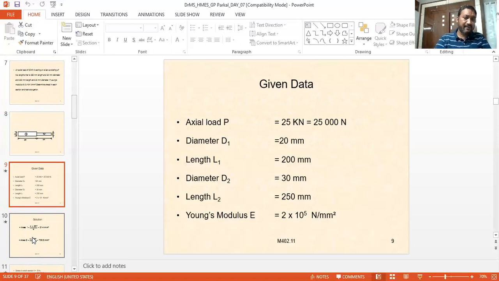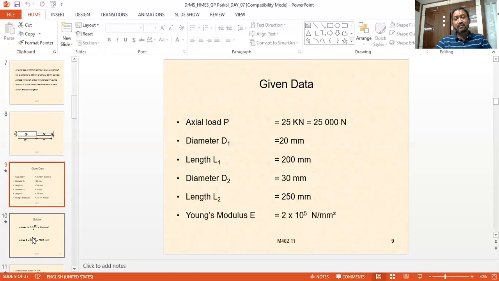Axial load P is equal to 25 kilonewtons, that is equal to 25,000 newtons. Diameter at section 1, D1, is equal to 20 millimeters. Length at section 1, L1, is equal to 200 millimeters.